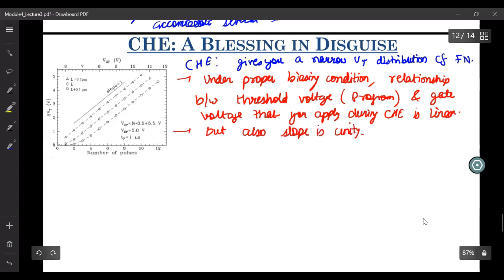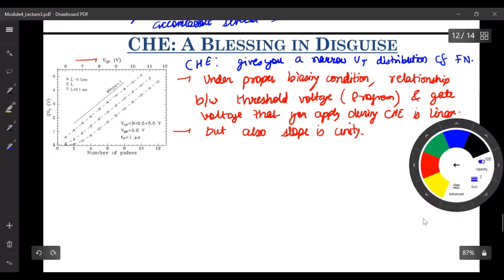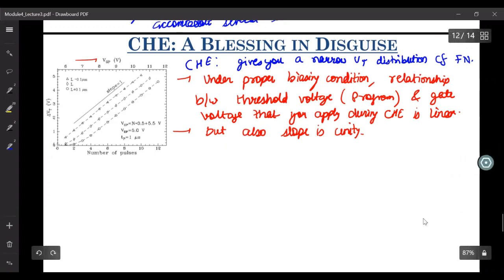As you can see here, the number of pulses or the gate voltages that you have applied during your CHE. So in CHE also you need gate voltages, right? You must be thinking, why do we need a gate voltage in CHE?